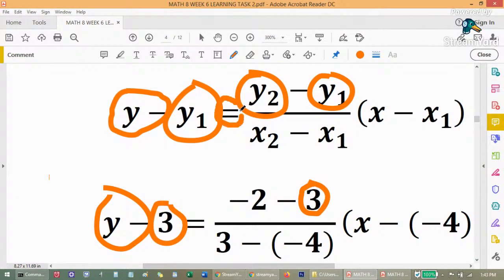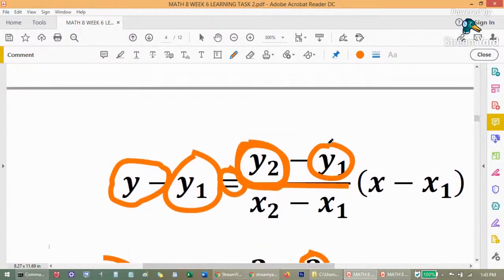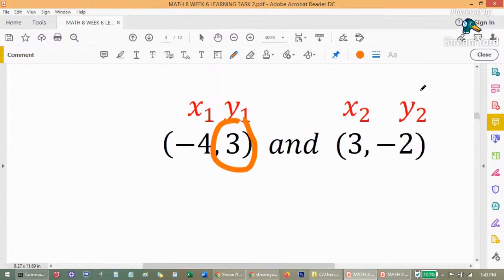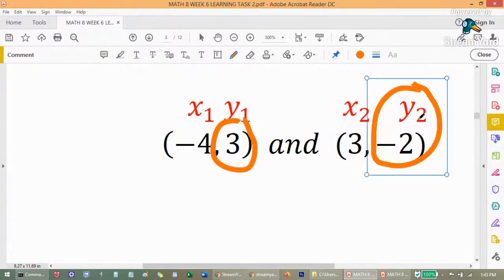And then yung equals, so yung y sub 1, napalitan natin na 3, yung equals, copy natin equals, and then itong fraction line na to, nilagay na natin fraction line, ano? And next is yung y sub 2. Ito, y sub 2. Yung pangalawang y.